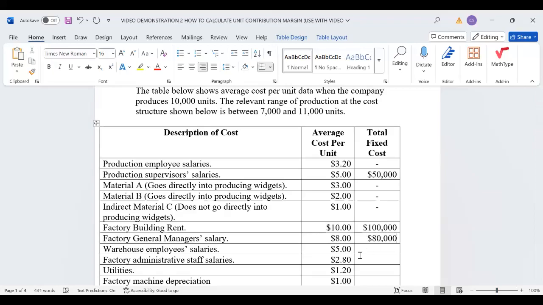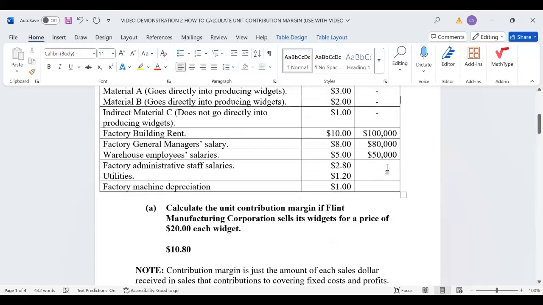Warehouse employee salary is $5 per unit when we make 10,000 units. So that means that total warehouse salaries is $50,000. Factory administrative salaries are $2.80 per unit when we make 10,000 units. So factory administrative salaries is $28,000.